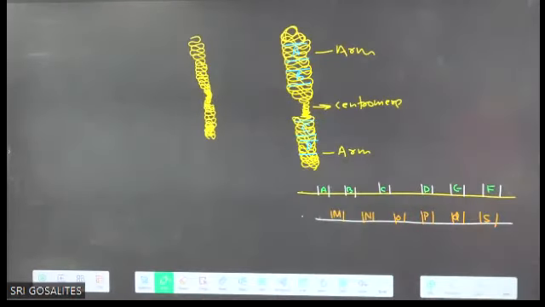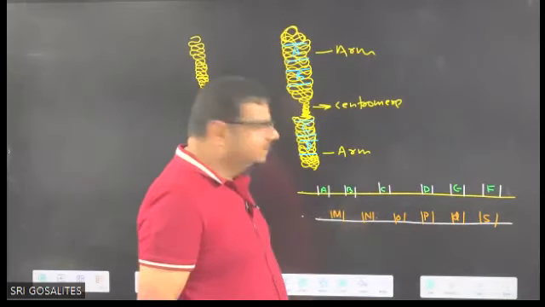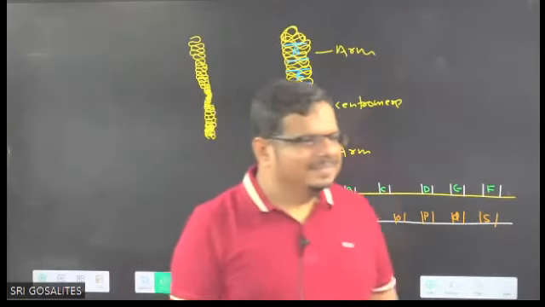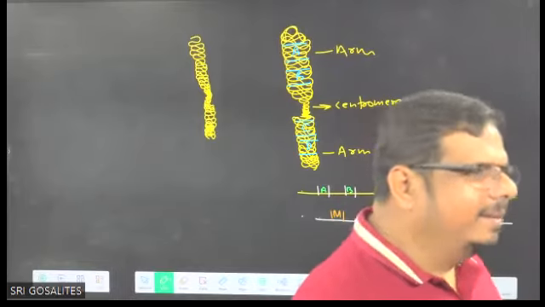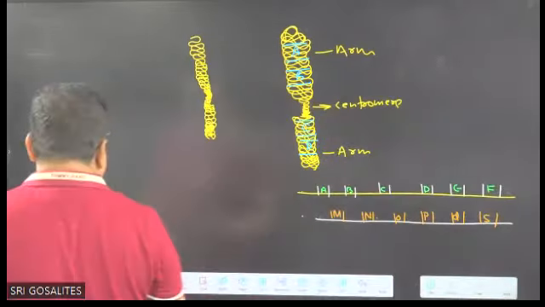Prove it. Because their lengths are different. Because they don't have the same genes. If they are homologous, they have which one? Same length.